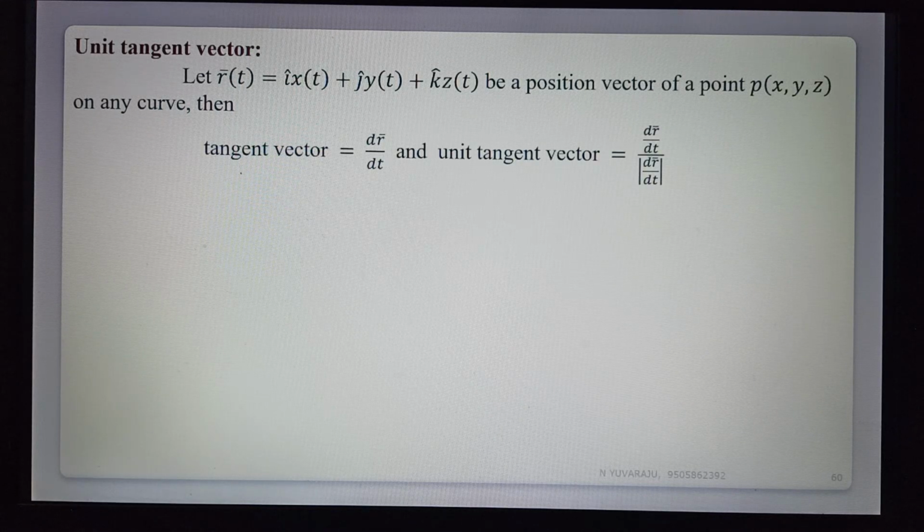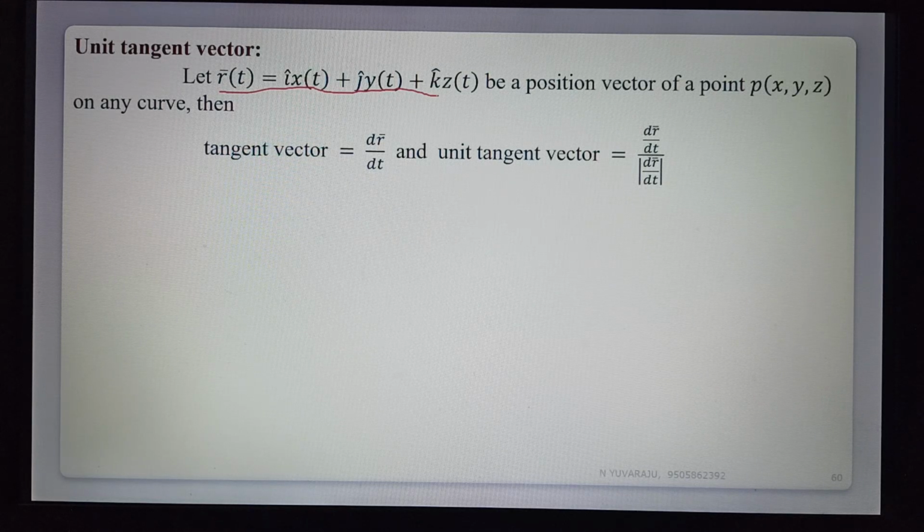Then the tangent vector is dr bar by dt, and the unit tangent vector is dr bar by dt divided by mod dr bar by dt.